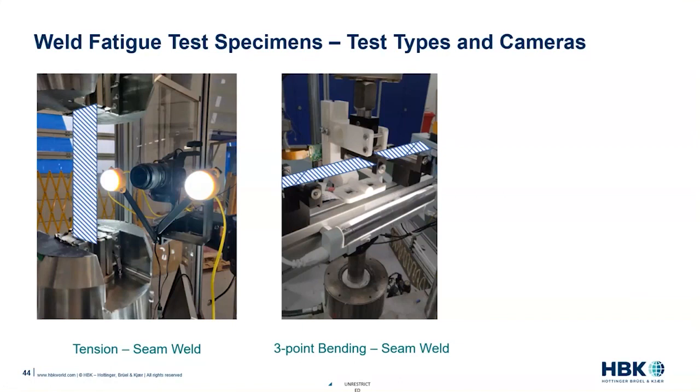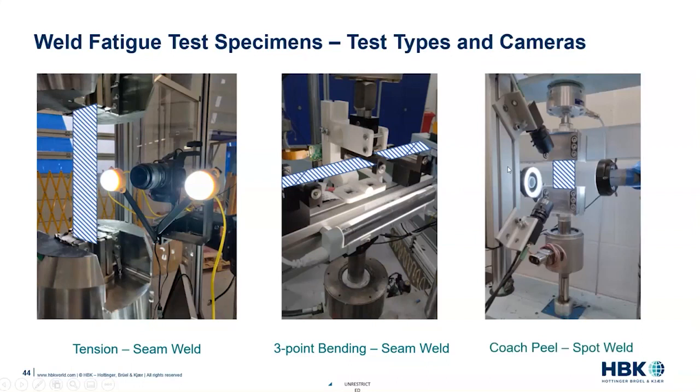It's electronically switched based on numbers of cycles. The 3-point bending for the seam weld is using a pair of Raspberry Pis that actually move with the 3-point bend specimen. And a coach peel example for spot welds is using some video cameras.